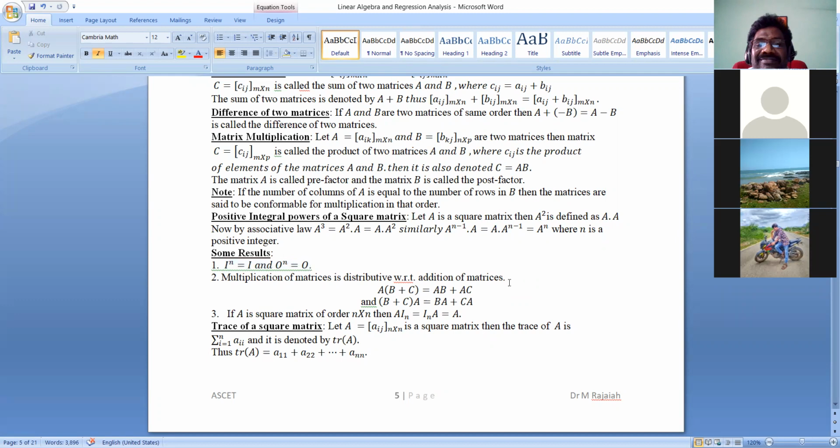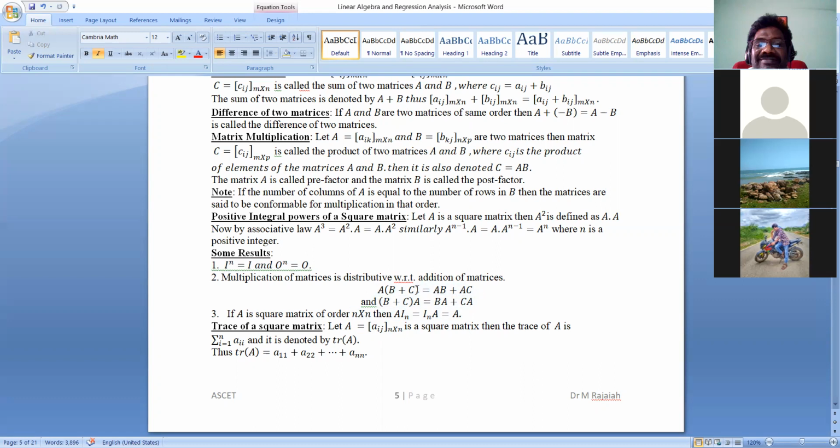Next, the distributive law with respect to addition of matrices. A, B, C are three matrices. Then A into B plus C equals AB plus AC, if these three matrices are square matrices of the same order.